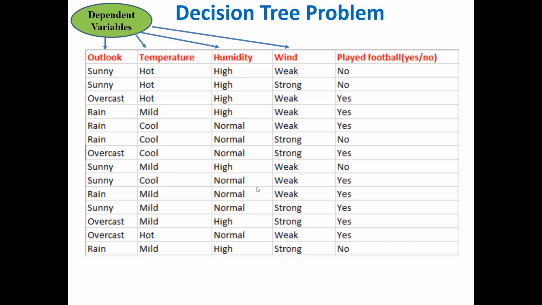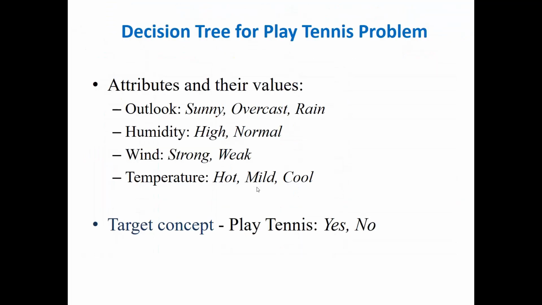So there are four input features in this data set and one output variable, that is played football or played tennis, which is nothing but the independent variable. For this problem, we will try to understand how to draw the decision tree.